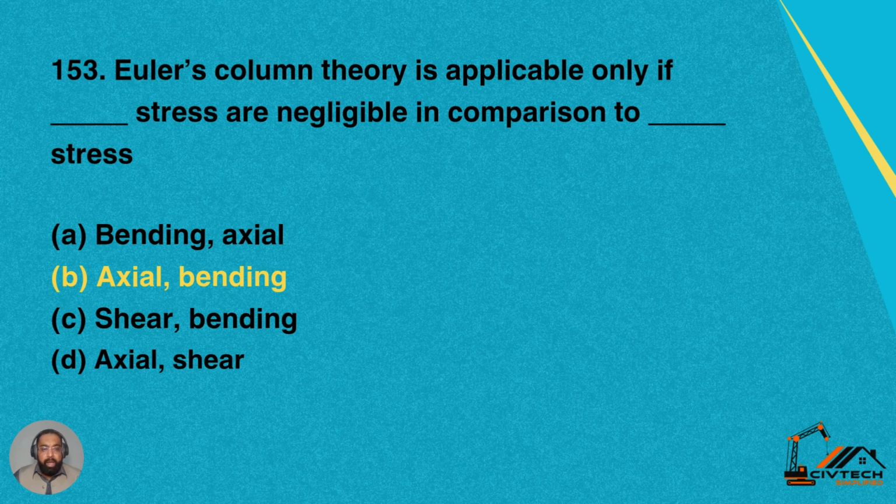Option B axial and bending. Option C shear and bending. Option D axial and shear. So B is the correct answer. It's axial and bending. Euler's column theory is applicable only if axial stresses are negligible in comparison to bending stresses. So B is the correct option for this question.